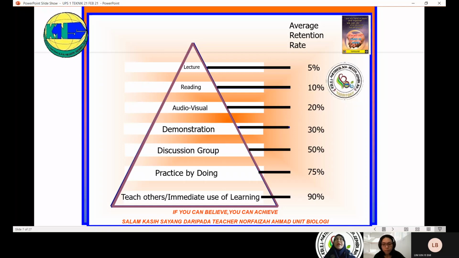For ecology, chapter 2, there will be 2 subtopics for your exercise, the tutorial questions that you can try to practice. Because when it is practiced by doing, you will gain 75%. Like Madam Lim just now mentioned, next week on Tuesday, out of all the subtopics in chapter 1 and chapter 2, you only have to answer 20 questions.